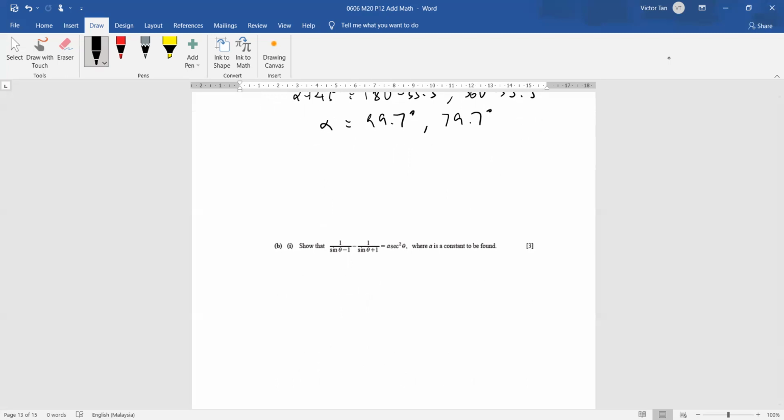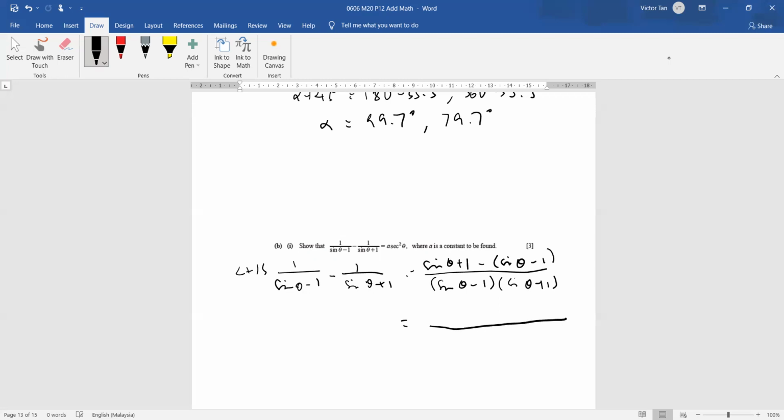Okay. Show that 1 over sine theta minus 1 minus 1 over sine theta plus 1 is equal to 2 secant squared theta. So we take the left hand side, which is longer. Make it into a single fraction. This will be sine theta plus 1 minus sine theta minus 1.